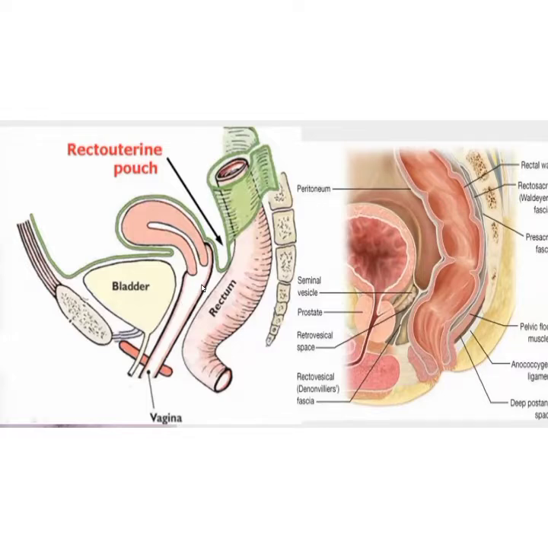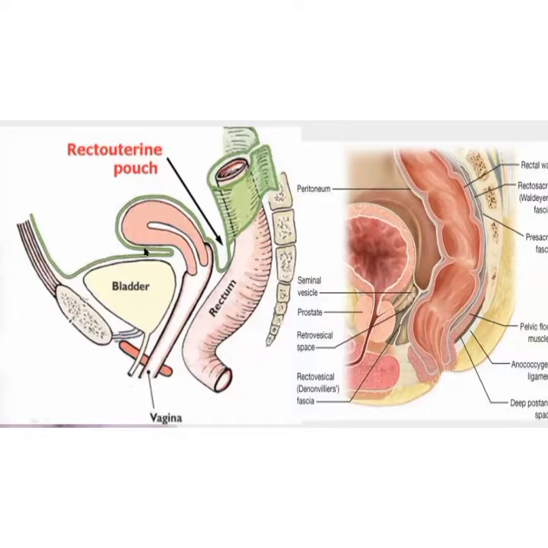See, whereas in case of female we have two pouches. This is the recto-uterine pouch between the rectum and the uterus. Recto-uterine pouch, and it is the most dependent part of the pelvic cavity. And between the uterus and the superior surface of the urinary bladder, the peritoneum, this green color line is the peritoneum, it dips onto the anterior surface of the uterus up to the supravaginal part of the cervix.